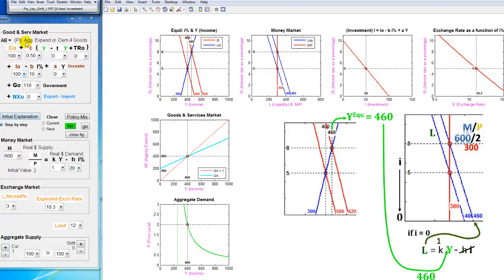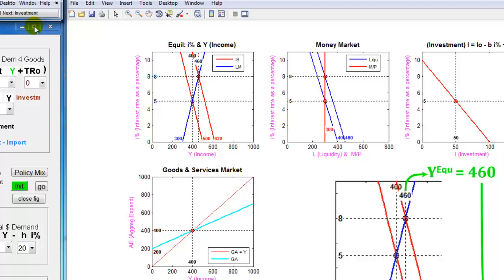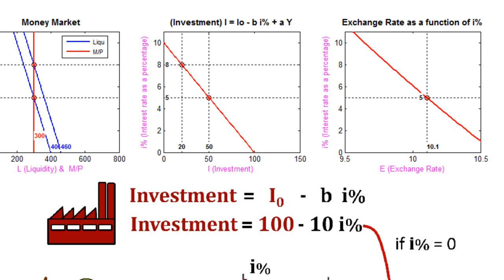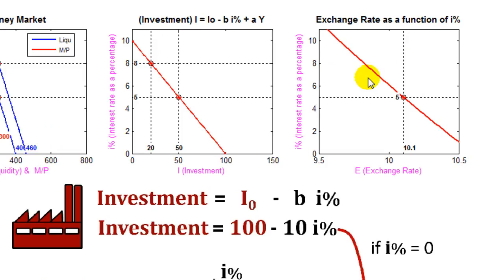So now we transfer this information in this graph, and then we know that when interest rate goes up, then investment will go down. And here interest went up, then exchange rate has to go down.